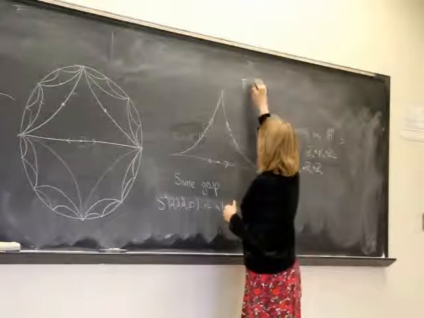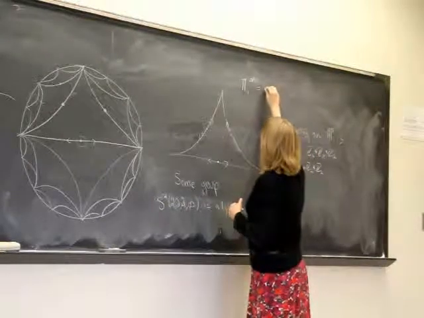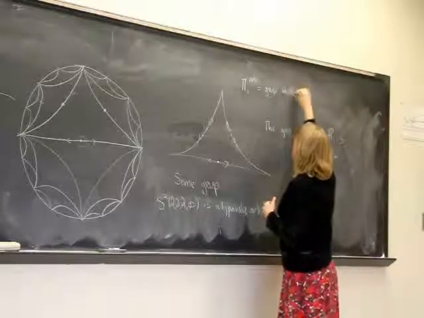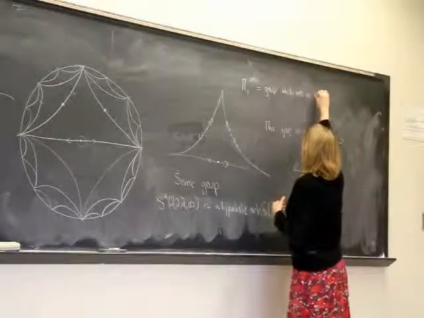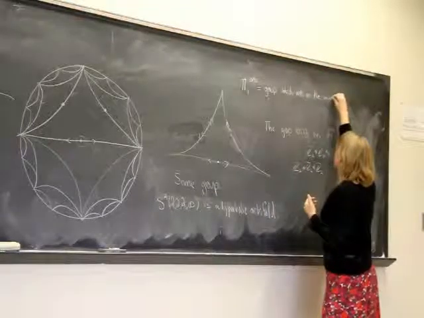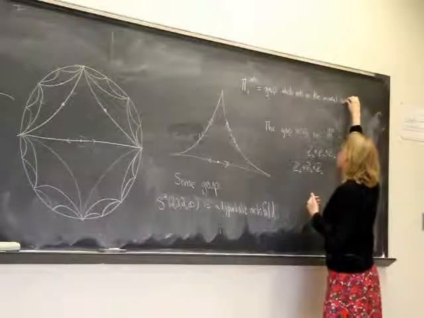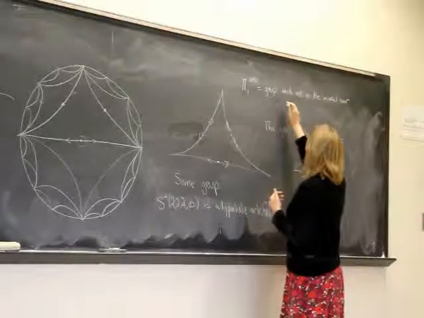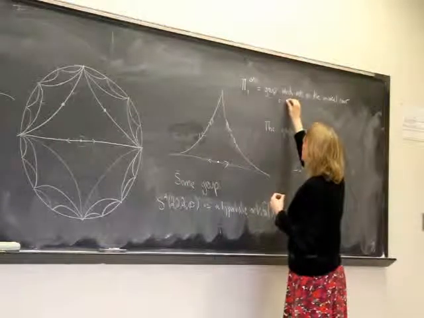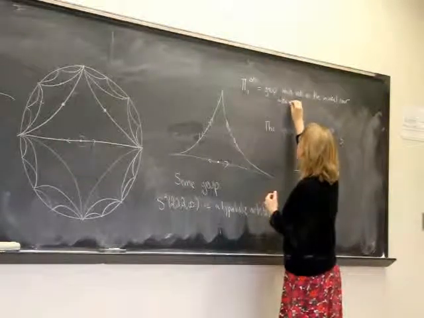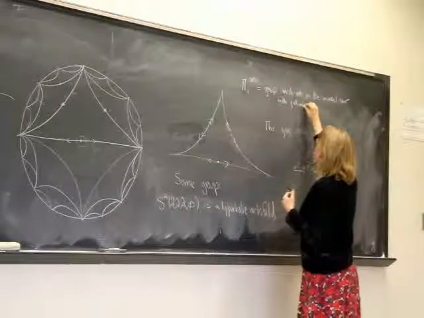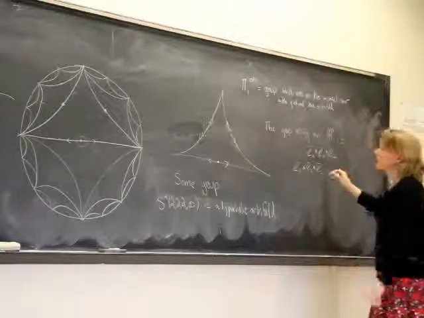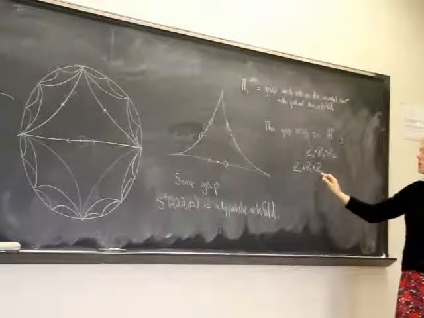So pi_1 orb equals the group which acts on the universal cover with quotient the orbifold. So this is an orbifold with fundamental group Z2 star Z2 star Z2.